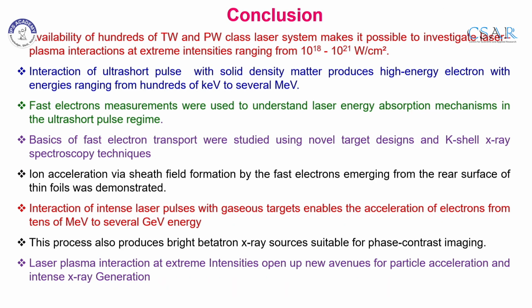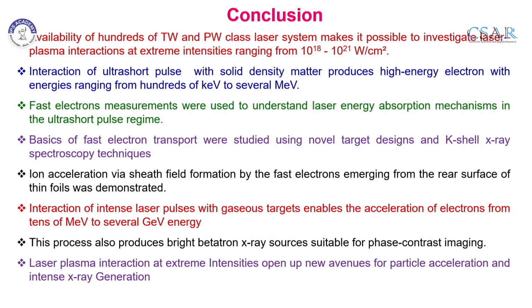So in conclusion, I will say that the availability of hundreds of terawatt and petawatt class laser systems makes it possible to investigate the interaction mechanism for intensities in the range of 10^18 to 10^21 watt per centimeter squared, and we generate the fast electrons, which can be utilized for understanding the basic laser matter interaction mechanisms. The transport, which is a very important aspect, can be studied using X-ray measurements.